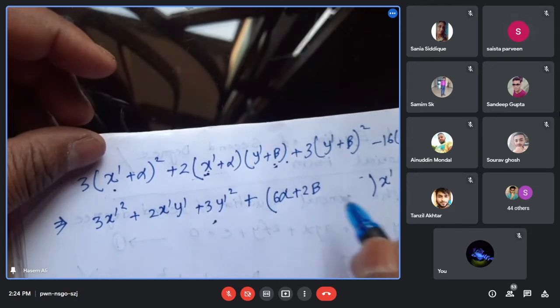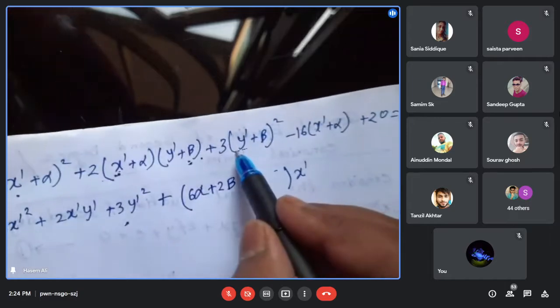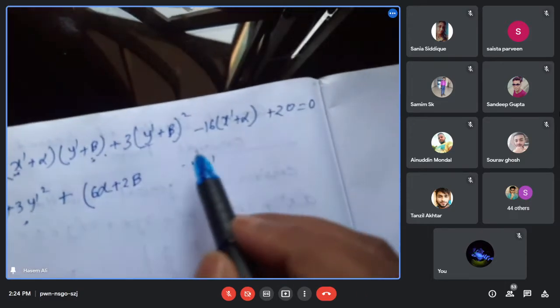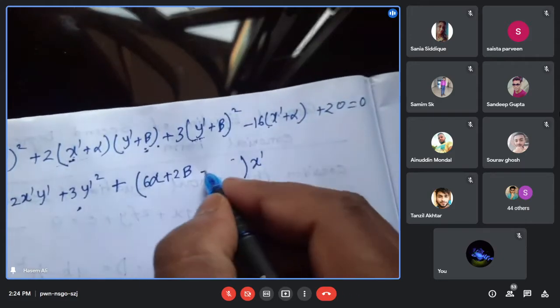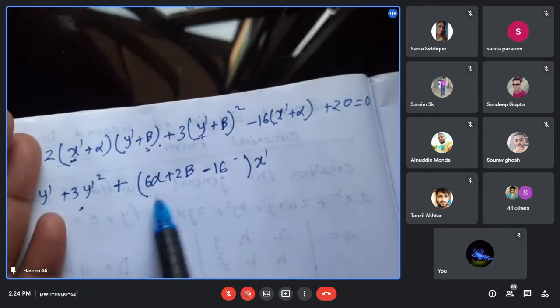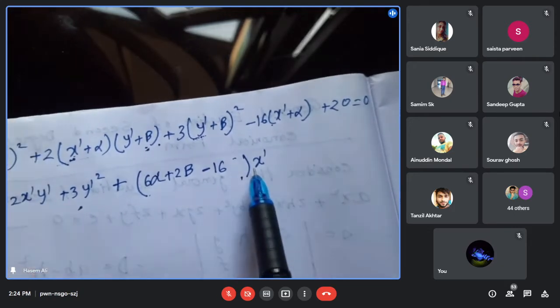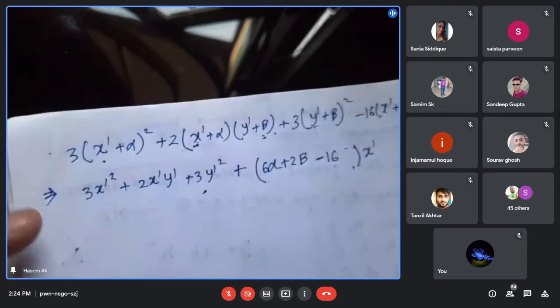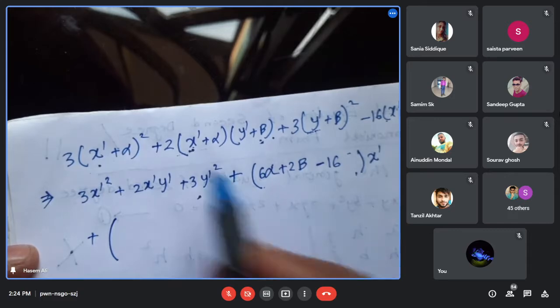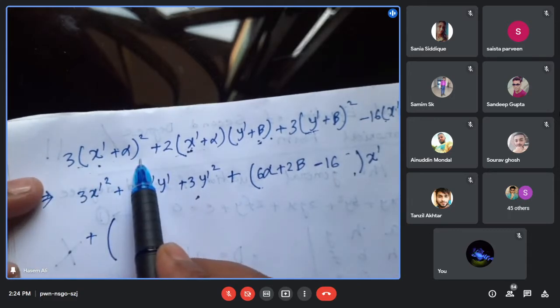Yes, sir. Okay. And from this term, there is no x dash term. From here, minus 16. So these are the only first degree terms for x dash. For y dash, there is no y dash term here.